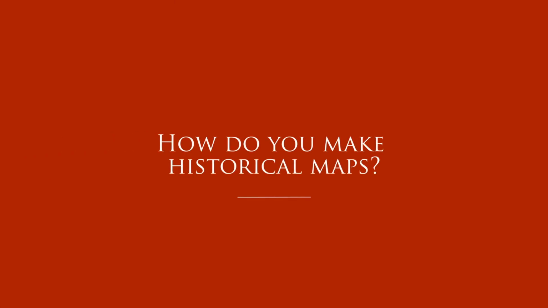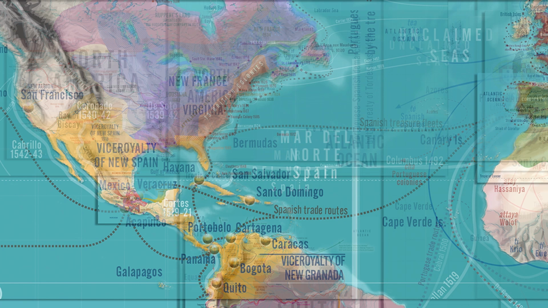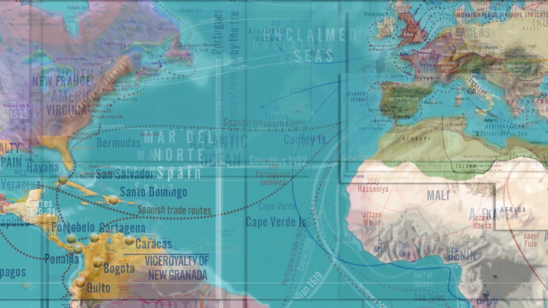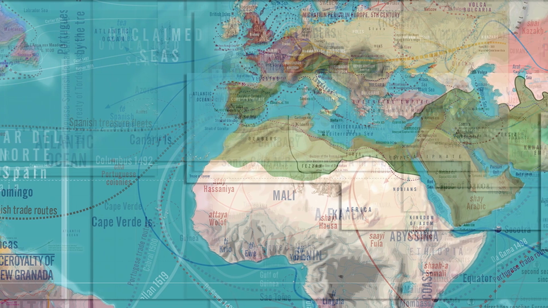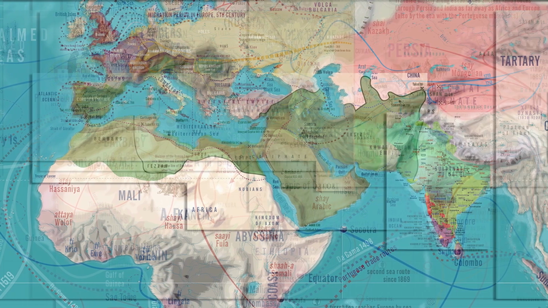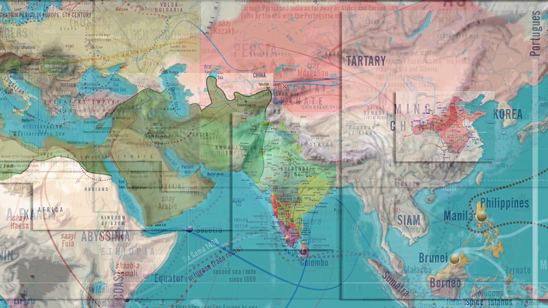So, let's talk about maps. How do you go about making a historical map? Like, what's your starting point? When I first started, I realized I needed a good quality base, a graphics and geographical base, and I looked online for a possibility to purchase such a base of the whole world, basically, so I would be free to make my selection depending on the historical time or region I want to cover.